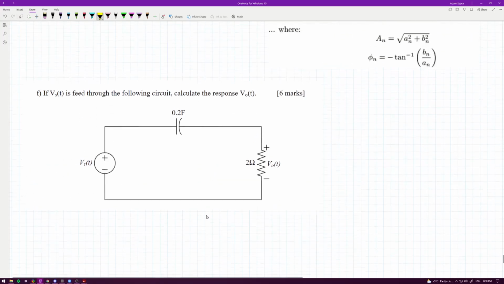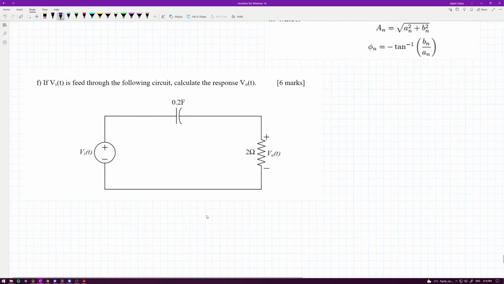So let's say it asked: through the following circuit, calculate the response VO using the first 3 terms of f of t. I'm quite certain he confirmed that we're going to have something like that.